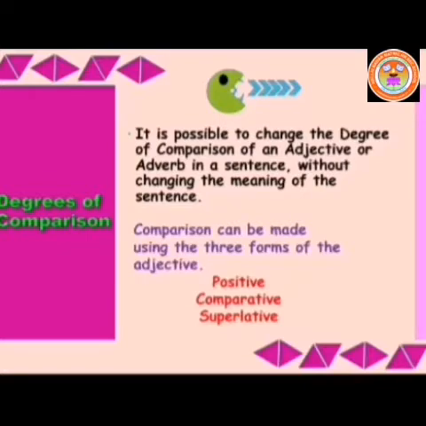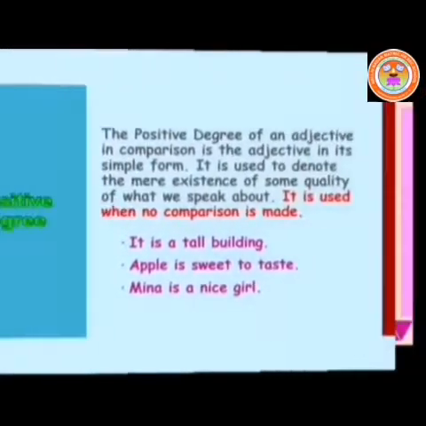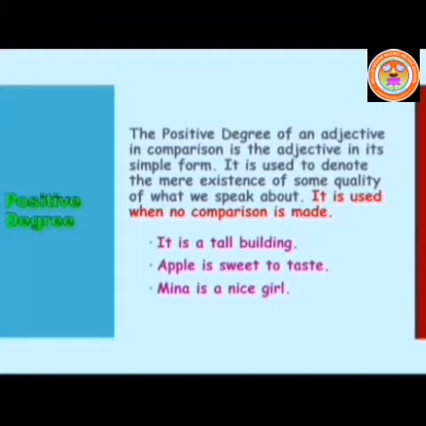First form is called positive form or positive degree, sometimes we call it. Then second one is called comparative degree. Then coming to the third one, it is called superlative. Okay, let's go one by one in detail, children.